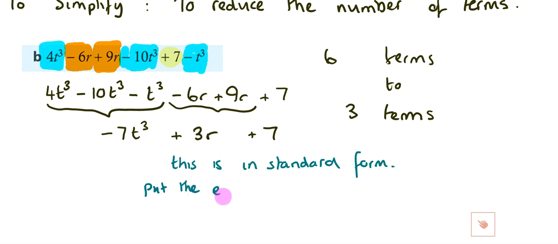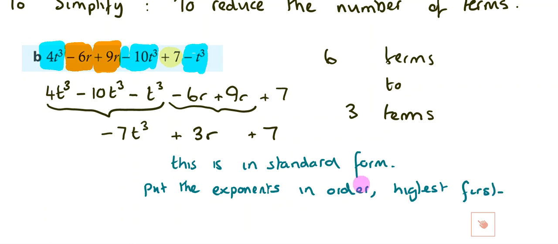Put the exponents in order, highest first. So we've got 3, that's a 1, and this is no exponent. So this is why that one goes first, this one goes second, the constant always goes last because it's got no letter next to it at all. So standard form. So that's everything. How do you feel about that?